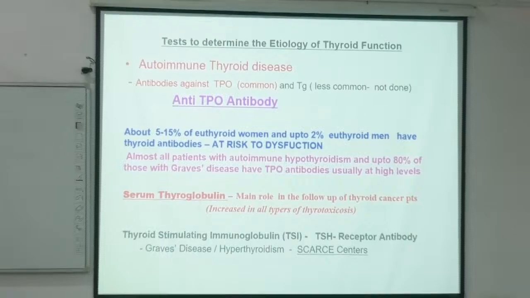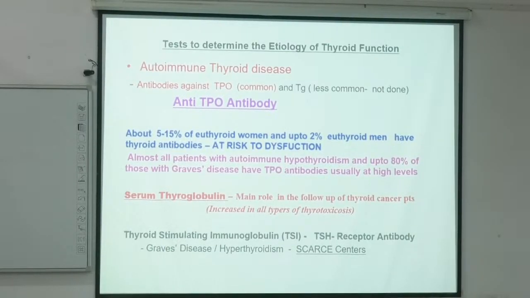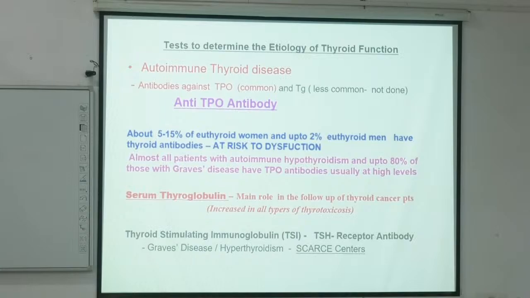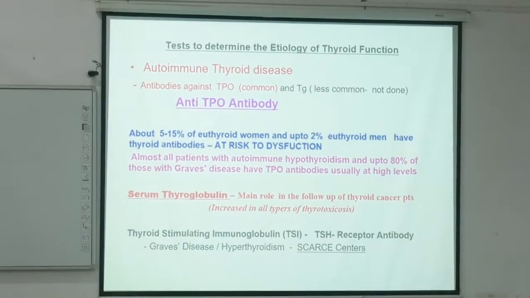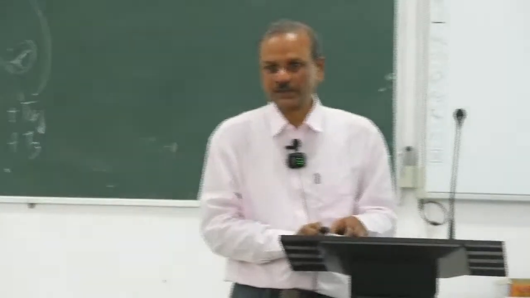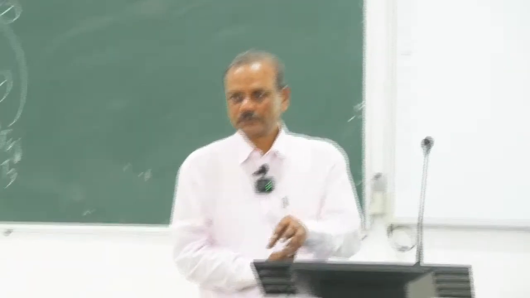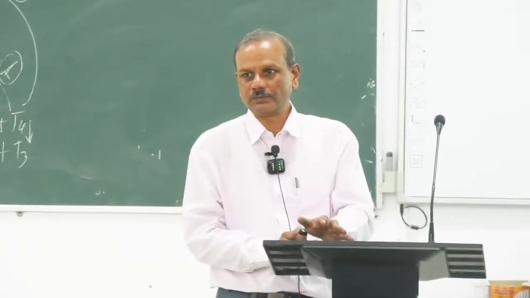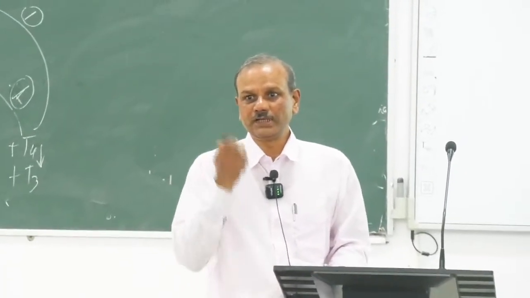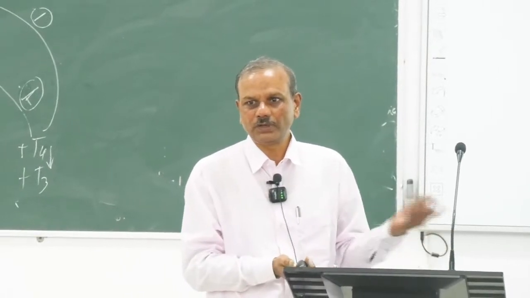Next, whether this thyroid disease has an autoimmune basis or not, for that we need to determine anti-TPO antibody, meaning the body is mounting an immune response against its own thyroid peroxidase enzyme, which is there to make thyroid hormone. So if anti-TPO antibody is there, then this TPO will not function.